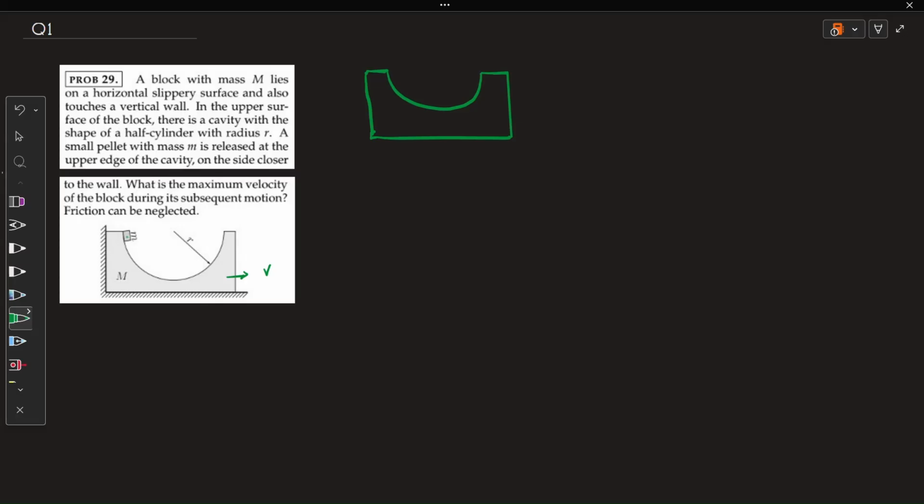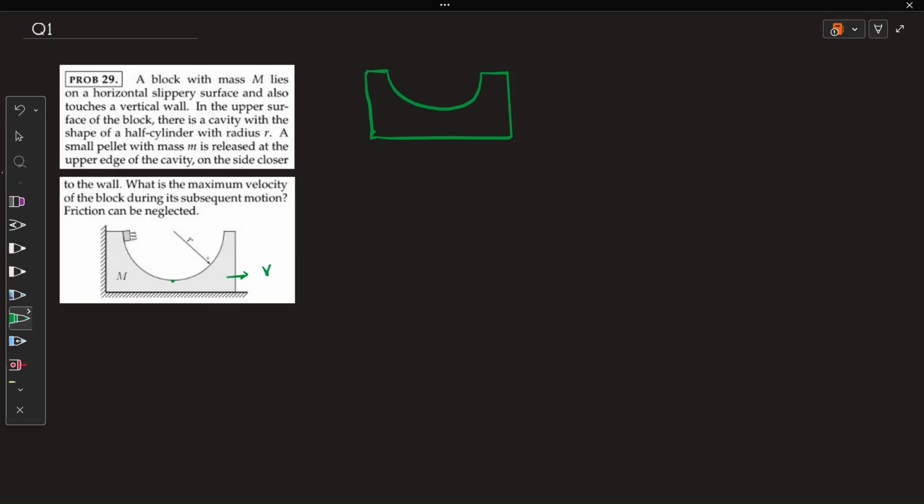Now, when this pellet reaches this position, it will attain maximum velocity. Because if I keep this as my reference position, the potential energy over here is completely converted into the kinetic energy of the system. So at this position, the kinetic energy would be maximum.